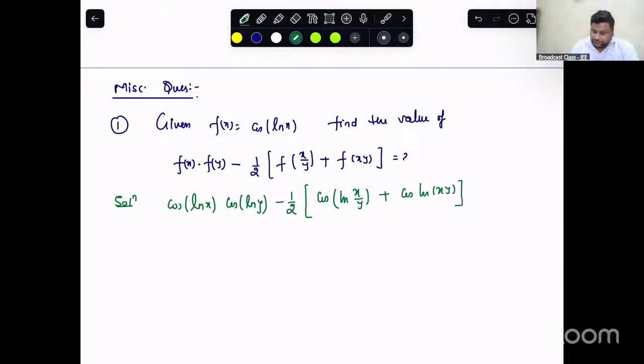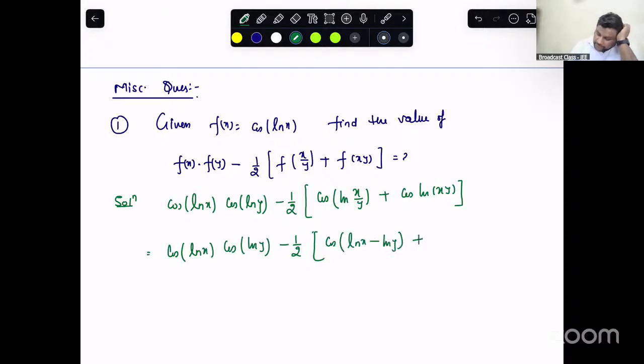Yes or no? This will be cos of ln x, cos of ln y minus half of. Okay, this one I can write cos of (ln x minus ln y), and this is cos of (ln x plus ln y). Am I correct?